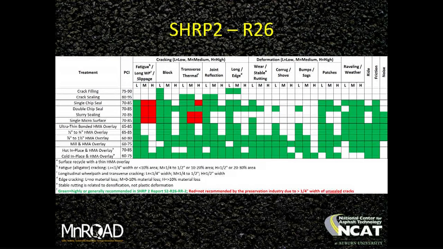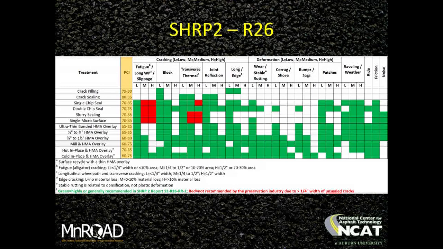Some of y'all might be familiar with the Strategic Highway Research Program version 2, the R26 product that came out of that. Essentially it's a matrix to provide some amount of guidance as to what types of preservation treatments you can use on a roadway. The second column there is the PCI scale that I showed you superimposed on the right on that last slide.